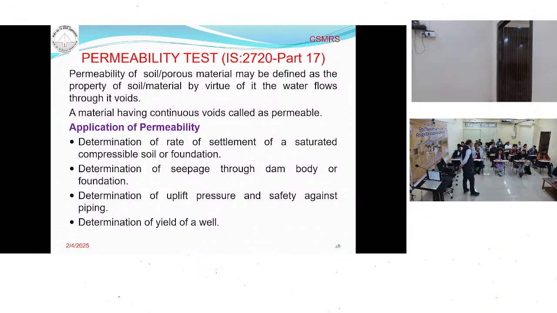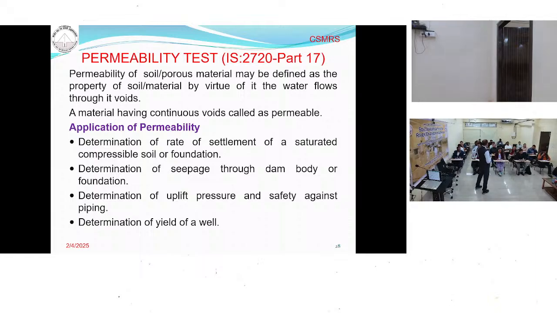Okay. Next thing is permeability. So what is permeability? Permeability is the characteristic of the soil by virtue of which water flows through the voids of the soil. Any material which has continuous pores is called a permeable material, because if the pores are not interconnected, water will not flow.